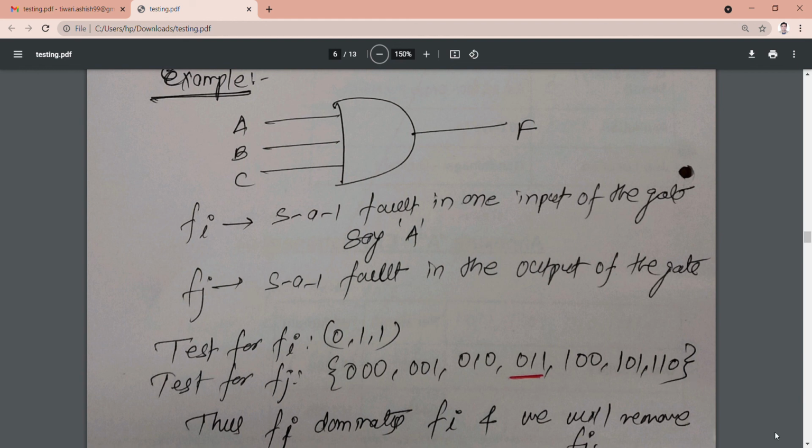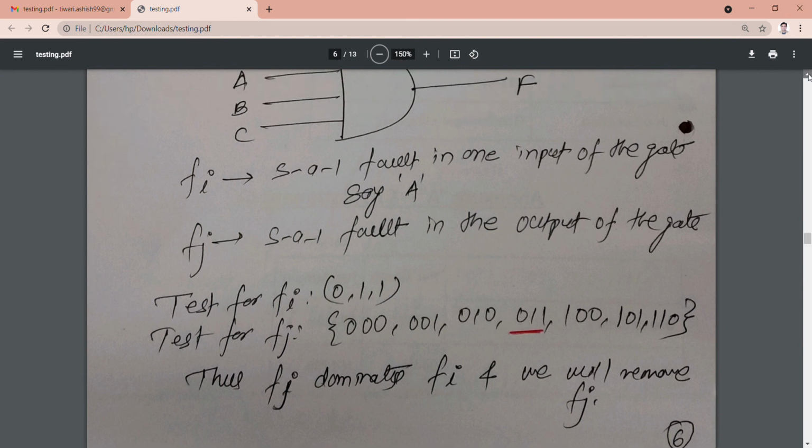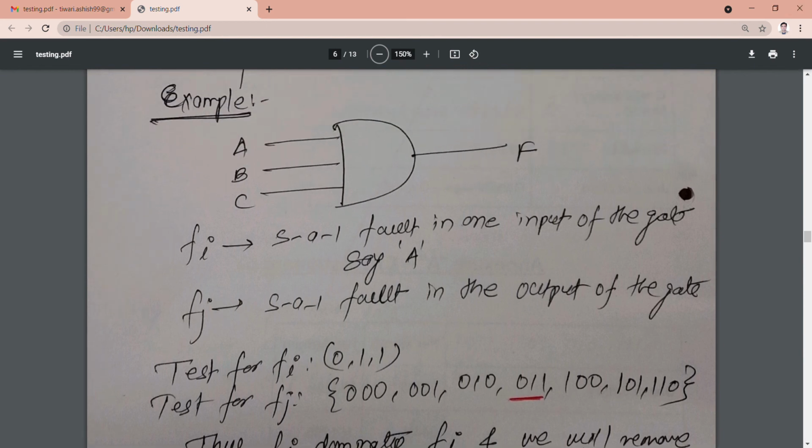Instead of selecting 7 test vectors, I will only choose one test vector, that of Fi, and Fj is simply eliminated. Why can we remove this? Because by only applying 0 1 1 we can test both faults, stuck at 1 at A and stuck at 1 at F. We need not apply all these test vectors. So this is the idea of fault dominance.